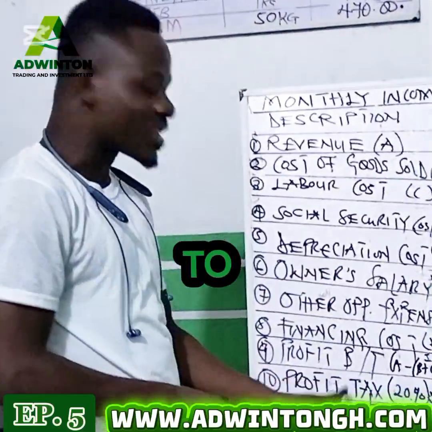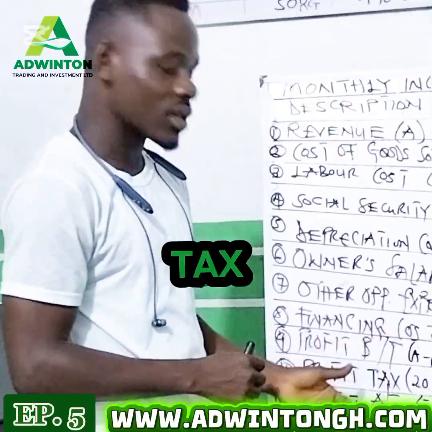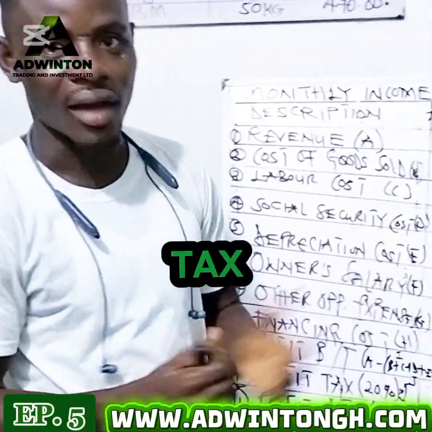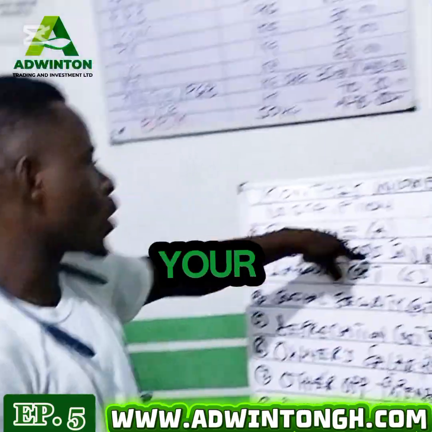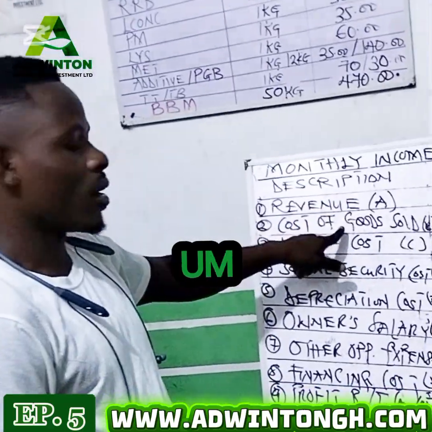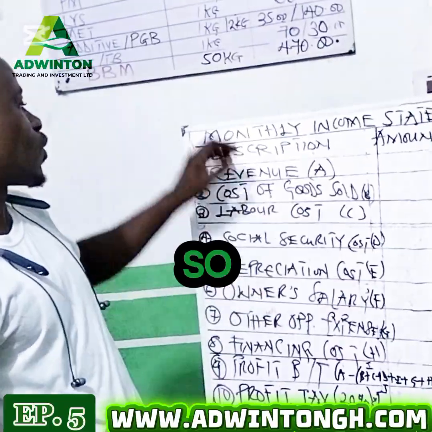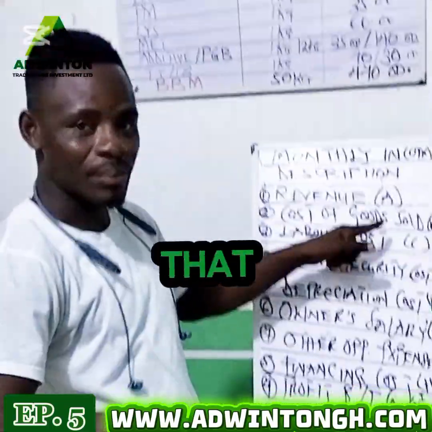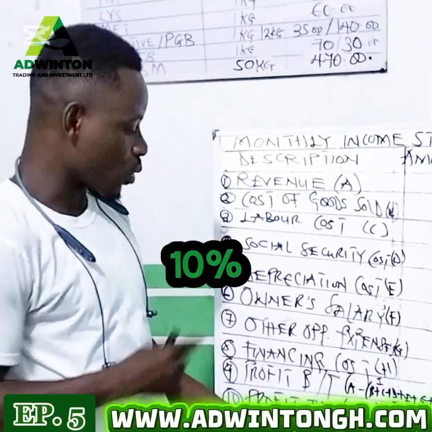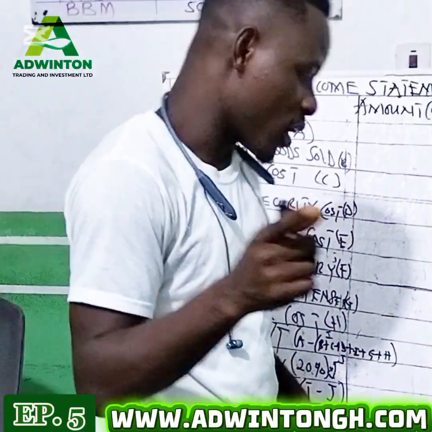Then they take a percentage, depending on the type of tax, whether value added tax or income tax, and apply it to your gross profit. Whether it is 20%, 10%, or whatever rate they are using, you end up losing.